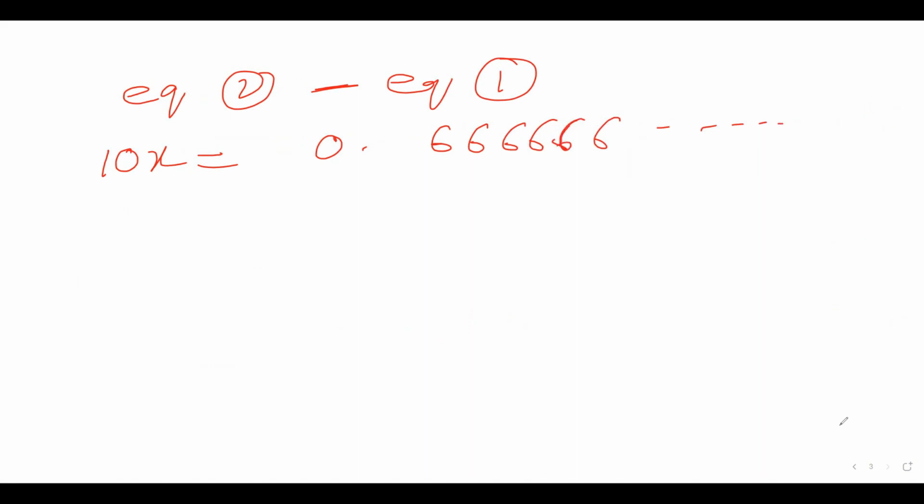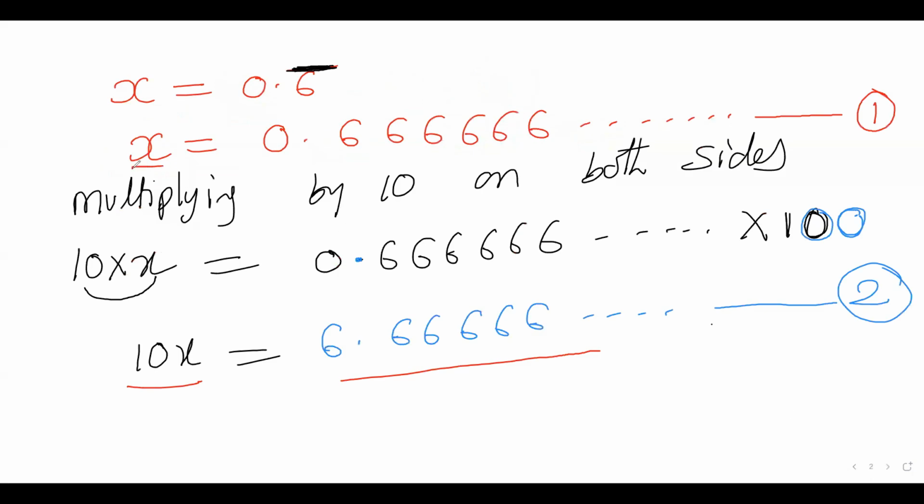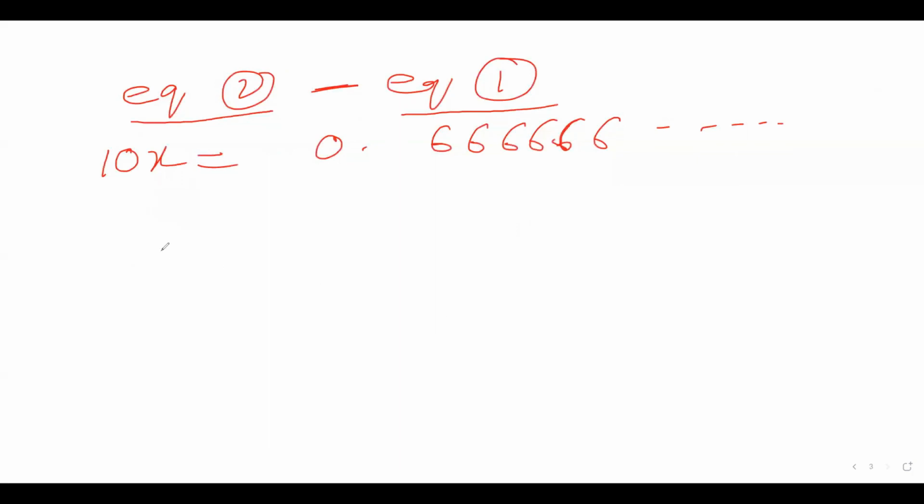And what is equation 1? x is equal to 0.666, and so on. Sorry, I made a mistake over here. 10x is equal to 6.666, x is equal to 0.66666, and so on.